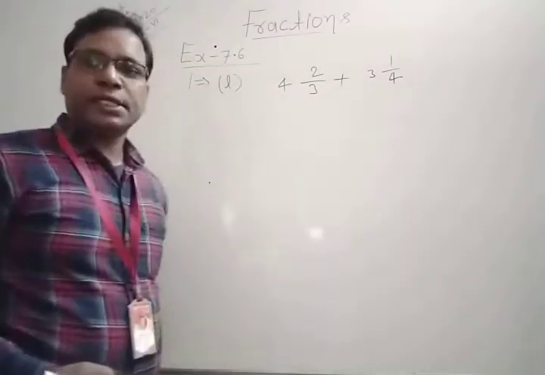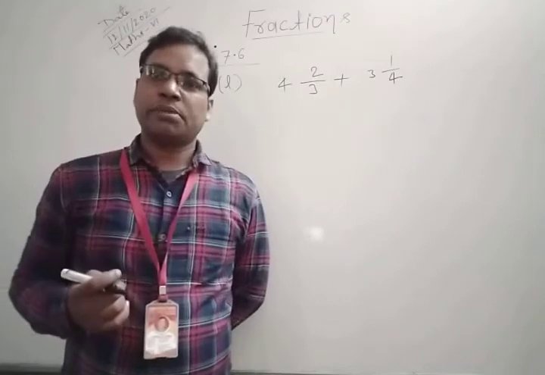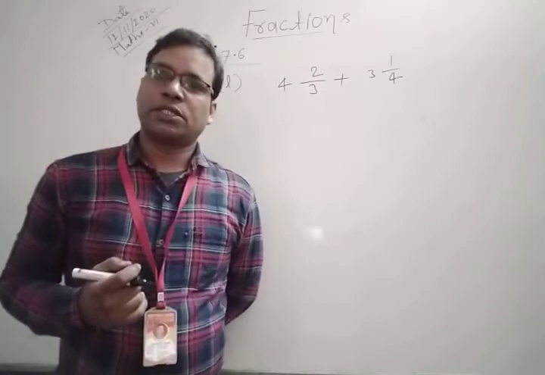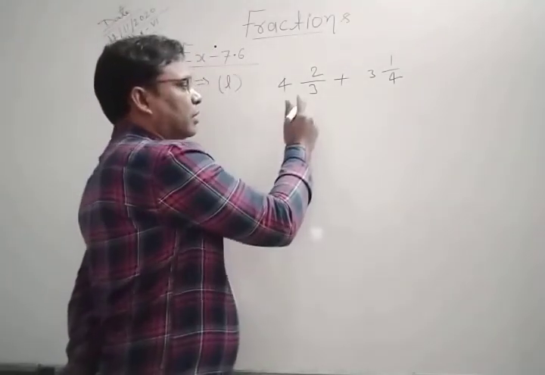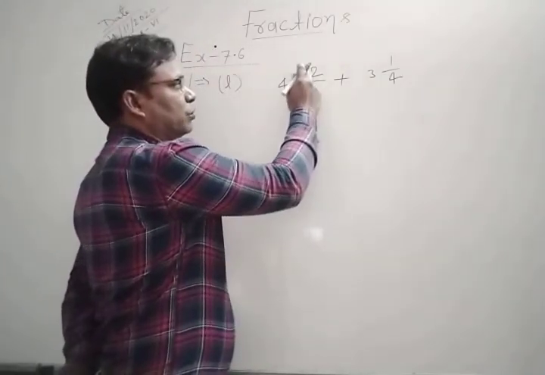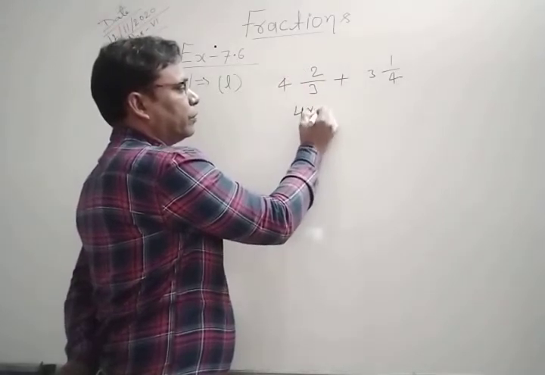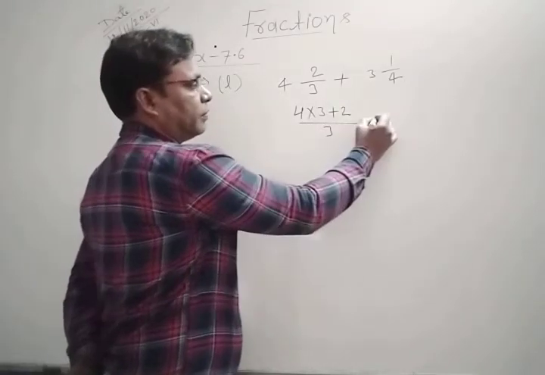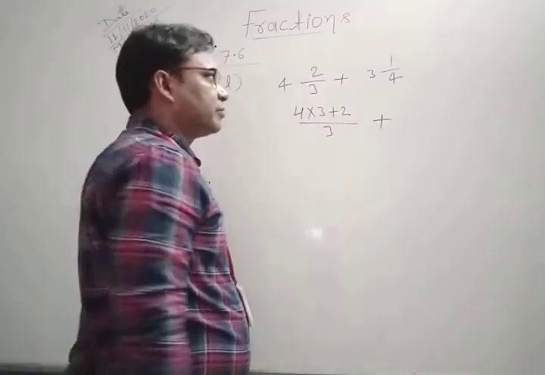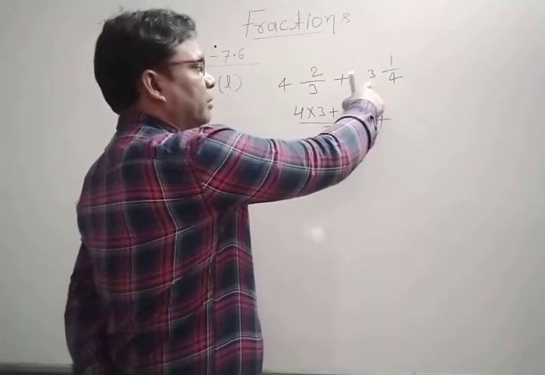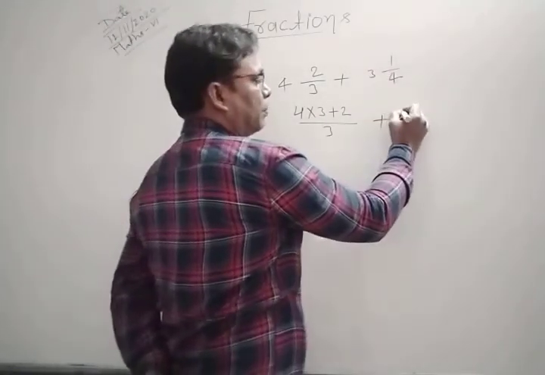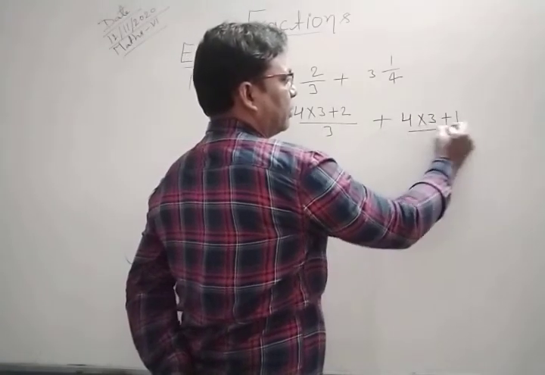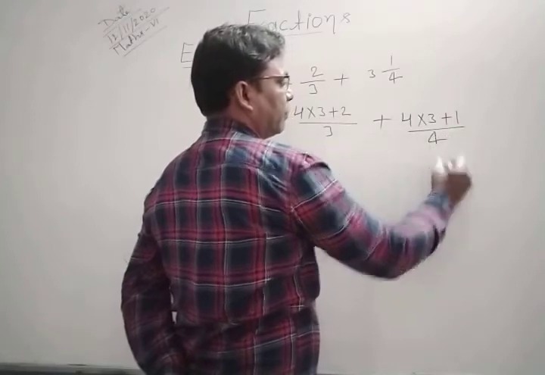Okay. So in this case, these are mixed fractions. First we convert them into improper fractions. So for this, we write 4 into 3 plus 2 by 3, plus 4 into 3 plus 1 by 4.